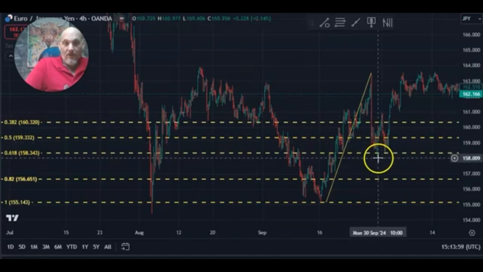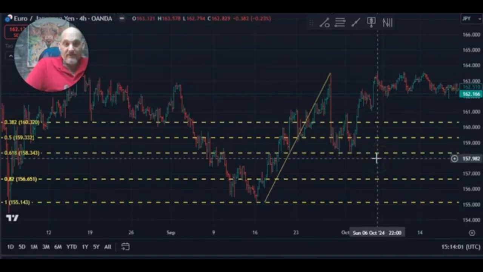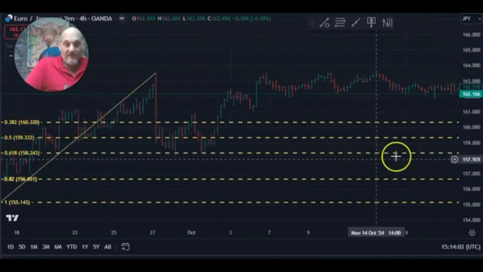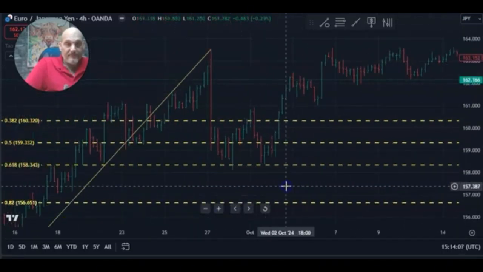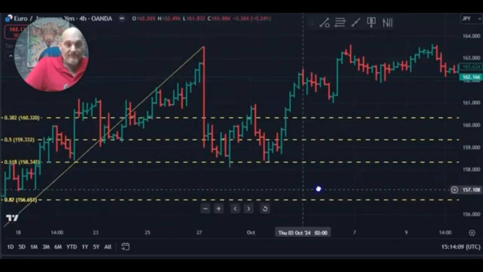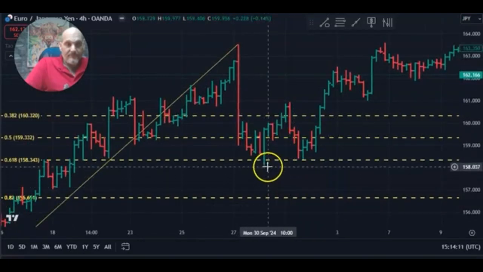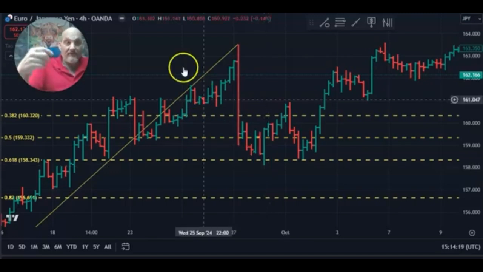Marketplace comes down. Let's fatten it up a little bit. We can fatten it up here. Marketplace makes a low at 158.05. 158.33 was the trend degree. 158.73?